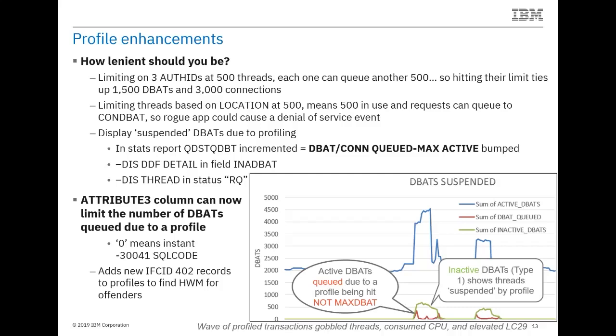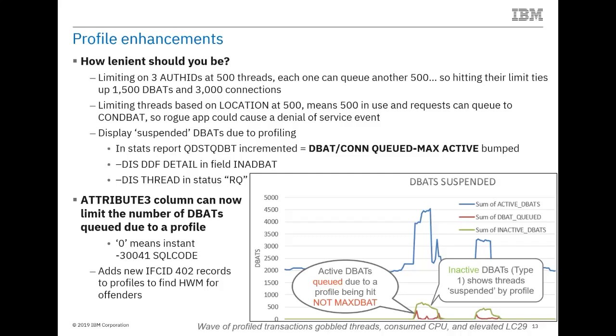And it's interesting, we're going to increment the DBAT CONQ max, which is normally associated with hitting max DBAT. So if you see this number incremented and you have profiles enabled to limit threads, so it's an exception profile limiting number of threads, when we hit that, we will increment what is normally the max DBAT counter.